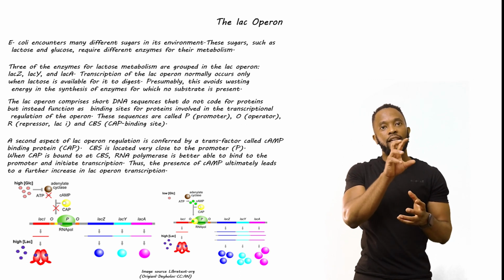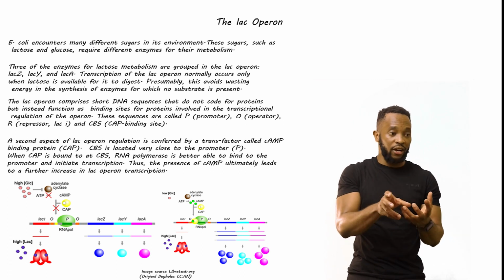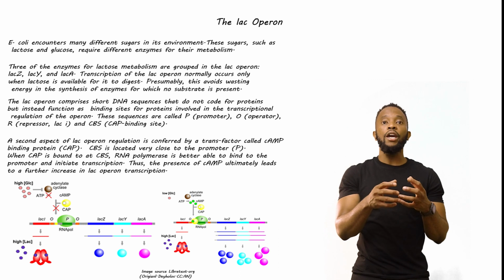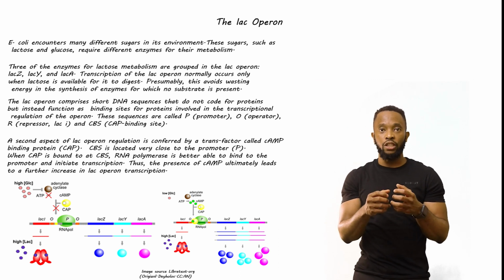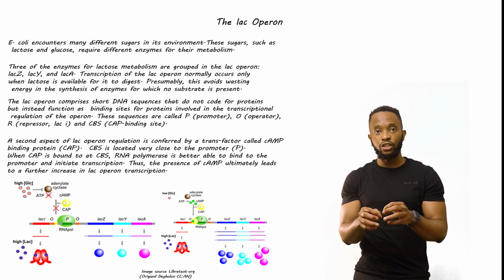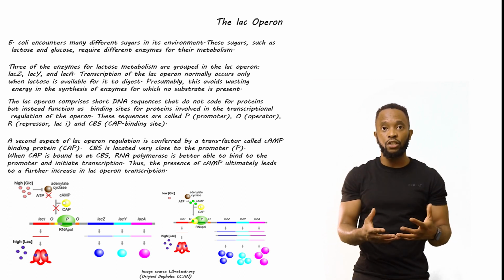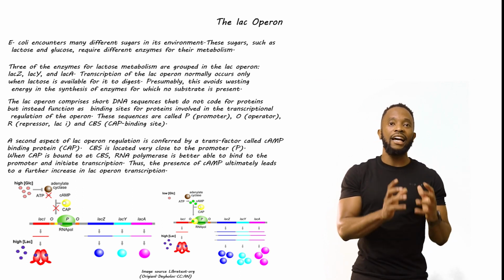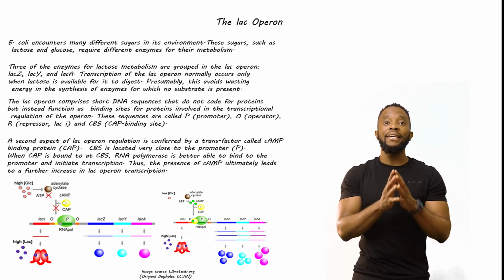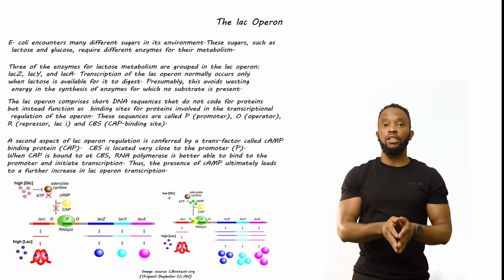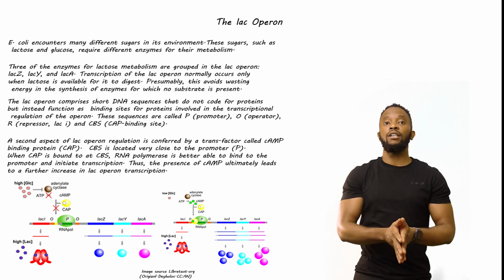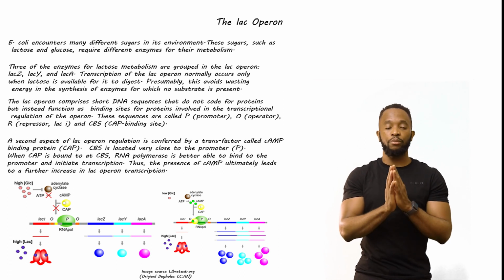So the CAP trans factor, or the cAMP, the way it works is that it is also involved in the regulation by causing further gene expression of those Lac A, Y, and Z. But that is only in one condition, where the glucose levels are really low or not present.